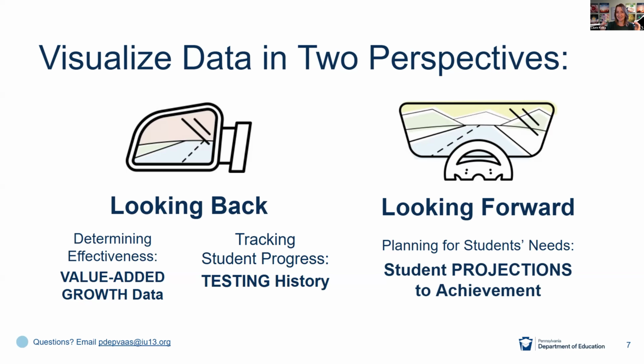If we're testing the difference between entering and exiting achievement, and we find that there's no difference, that means your programming is working well enough to maintain the achievement level of the students. In Pennsylvania, that is what would be called meeting the growth standard. The growth standard in Pennsylvania is just having programming that works well enough to keep the kids where they are by the end of the year.